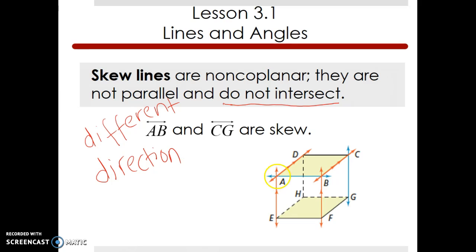So for example, you have line AB, this line up here, and CG. So again, they're in different planes. They do not intersect, but they also do not go in the same direction. One's going left and right, one's going up and down.